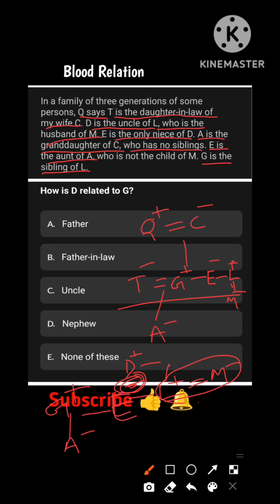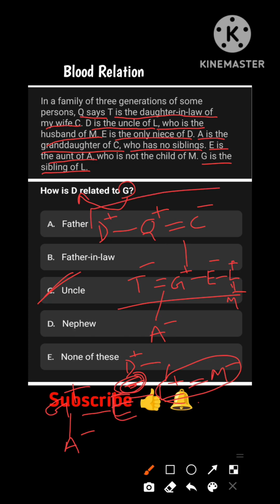Now the question asked is, for G, what is the relation of D? D is the uncle of L, so for G, D is uncle. Option C is our answer.